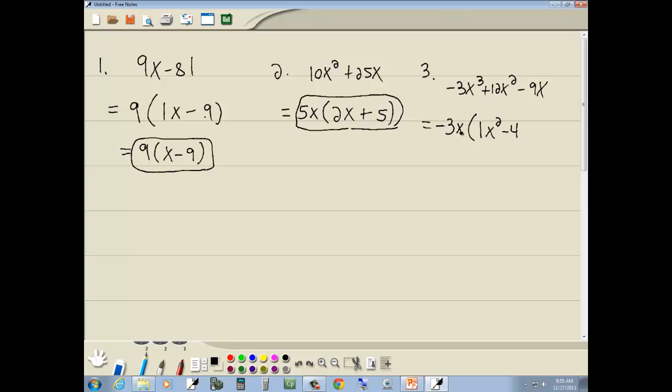We had 2 x's, took 1 away, so that leaves us a single x. Negative 9 divided by negative 3 gives us a positive 3. We had 1 x, we took that x away, so there's no x's left. So we have negative 3x times x squared minus 4x plus 3. This one can actually factor down further, but all we're showing here is factoring out the GCF part.